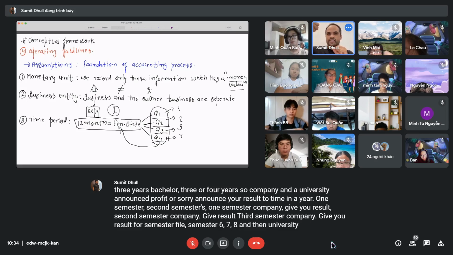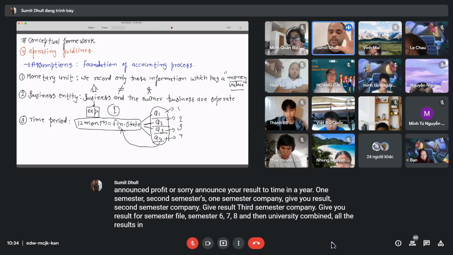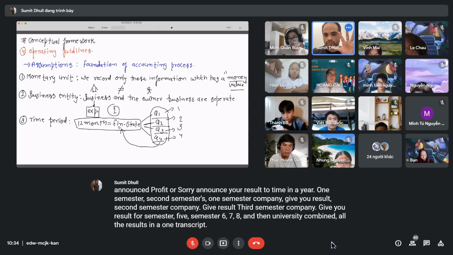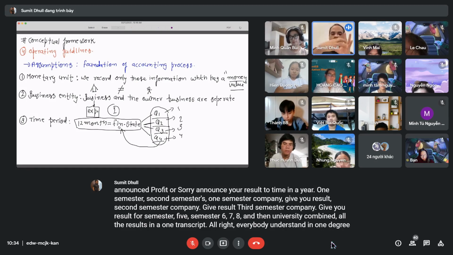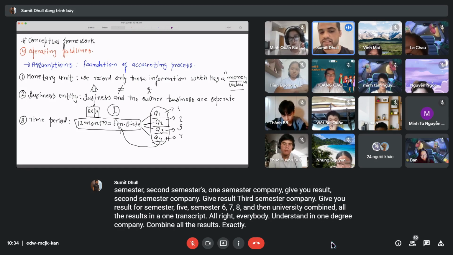And then the university combines all the results in one transcript. All right. Everybody understand? In 1 degree, the university combines all the results. Exactly the same as a financial statement.